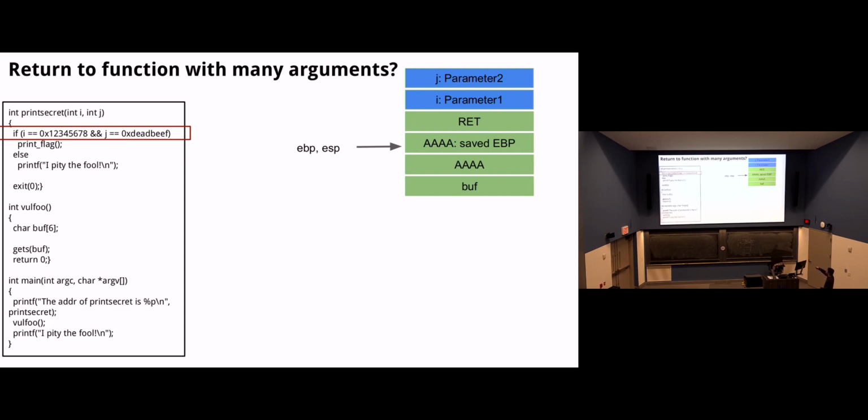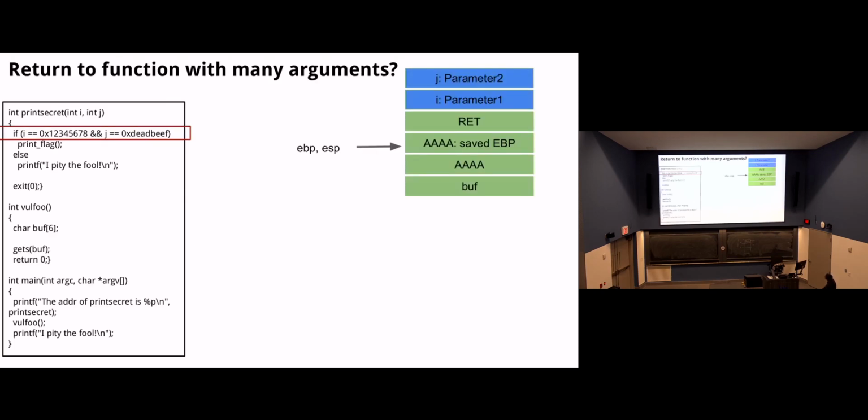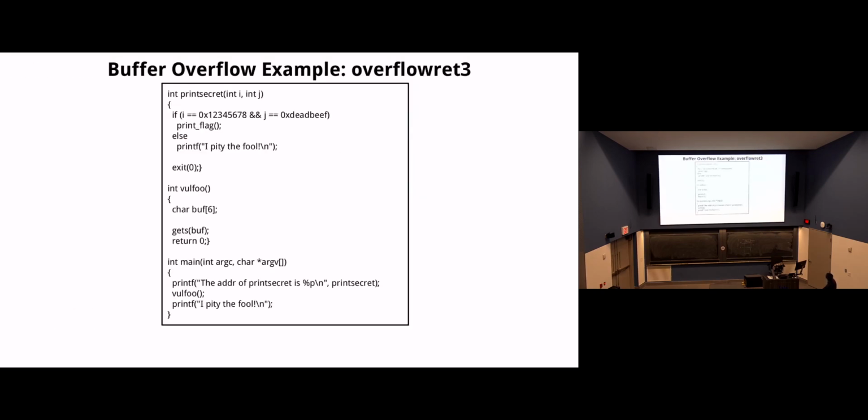So this is very simple because we know the parameters are together on the stack. So we will just override something like this. This will be part of your homework. We're not going to show the demo of this. We will just skip this one.